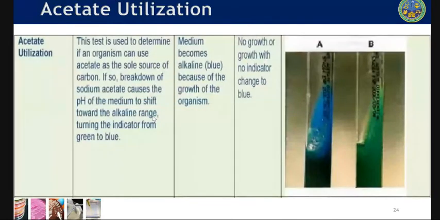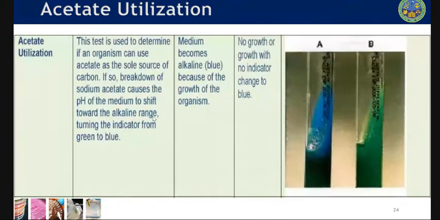Other than that, you may have acetate utilization. This is used to determine if the organism can use acetate as the substrate, as the source of carbon. So you have an alkaline blue because of the growth of the organism for positive, and negative for no change in color, being the green one.